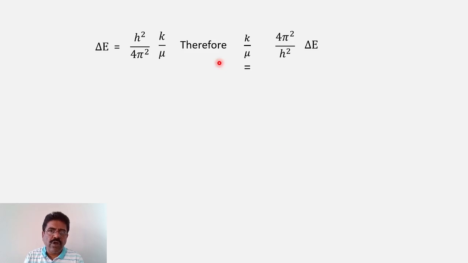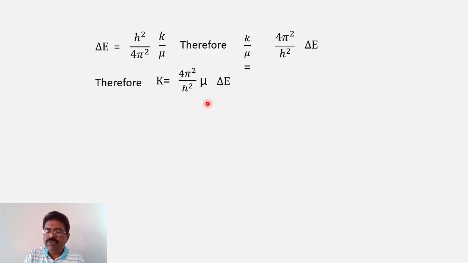And if you solve this equation, k upon mu will be equal to 4 pi square upon h square into delta E squared. Therefore k is equal to 4 pi square upon h square, with mu moved to this side. So k is equal to 4 pi square upon h square, mu into delta E squared. So this is the formula for k.